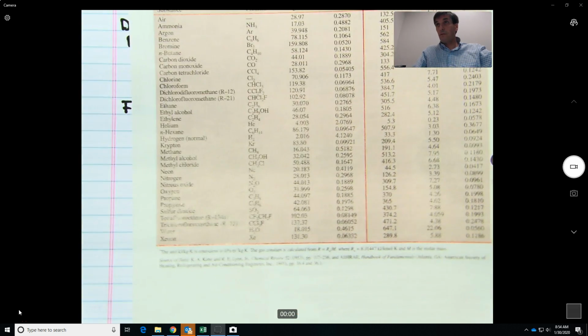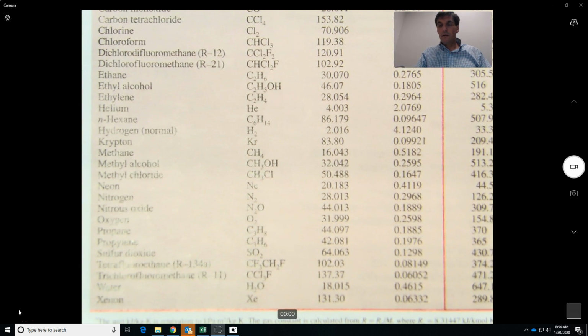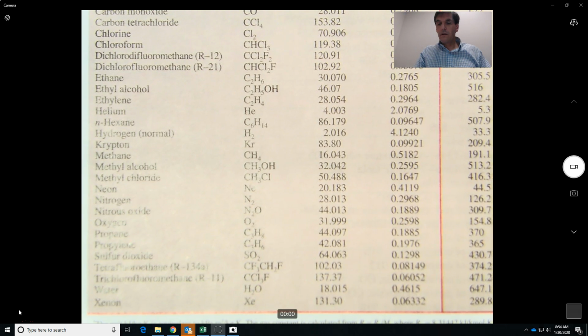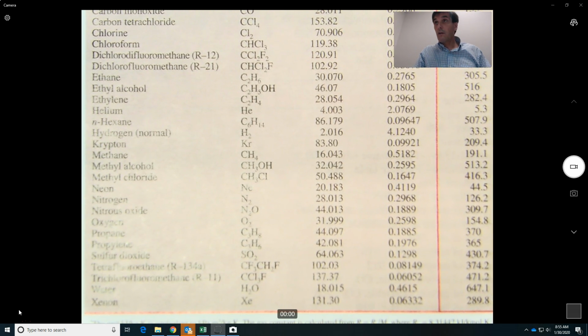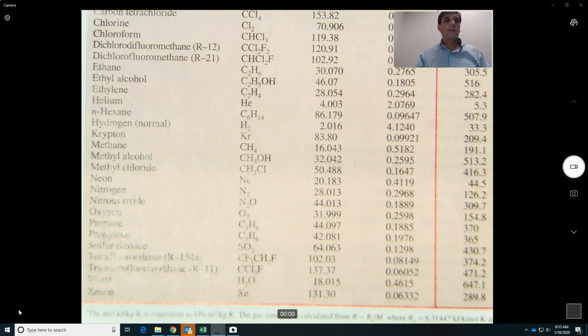If you go to the bottom, I don't know if you can see it here, let me see if I can zoom in. It's not really zooming.